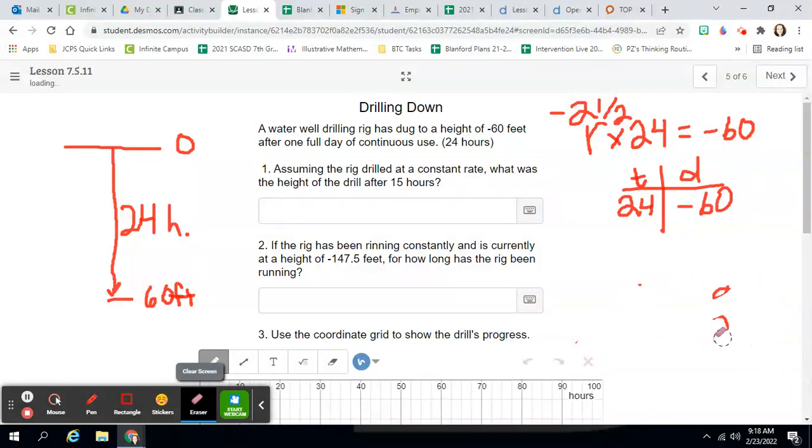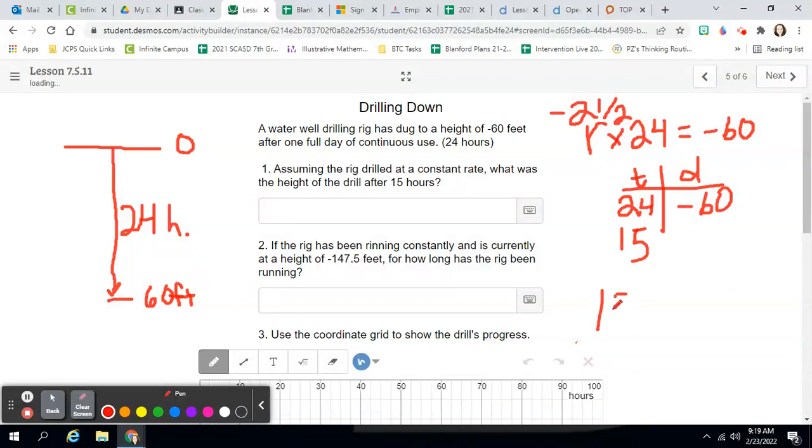So I'm going to erase this work because we don't need this as of right now. But we do know we're going to be taking our 15, right, because we know the time, and we have to do 15 times 2.5, negative 2.5, actually. So I'm going to multiply those two first. There's lots of ways you can do that. I know students oftentimes, and personally, I like to do 15 over 1 because that's 15 written as a fraction.